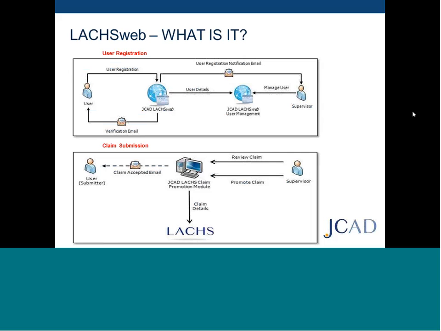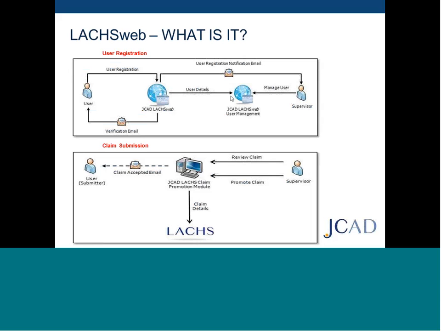In essence, LACHSWEB is simply an online form. We've all used forms on the internet previously, and this is no different, but in this instance, it's collecting claim data. The claimant will go to your website and will register. The system then sends out a verification email, which gives them their password and login details.